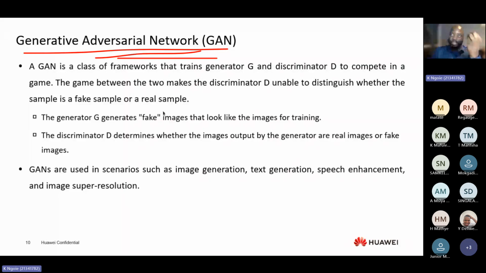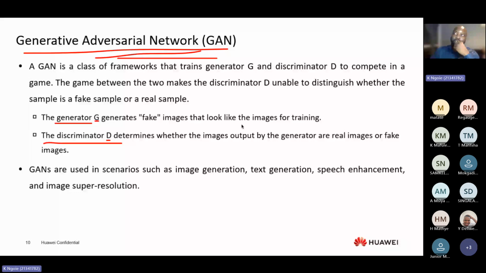To train a GAN AI, this is what we do. We take the right information. Let's say we're dealing with pictures. We're going to provide the real pictures. The way the GAN works, it has a generator and a discriminator. The generator we call G, and the discriminator we call D. The generator is going to generate fake images that look like the images that you provided.